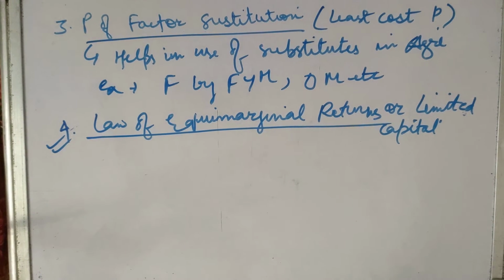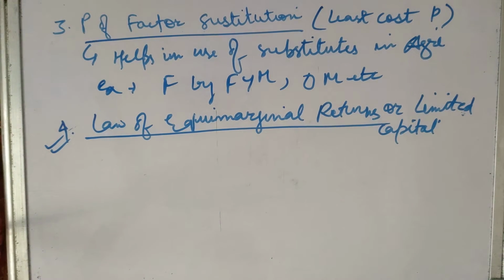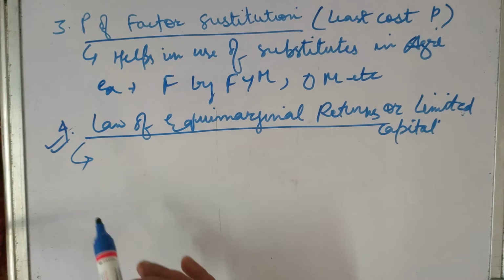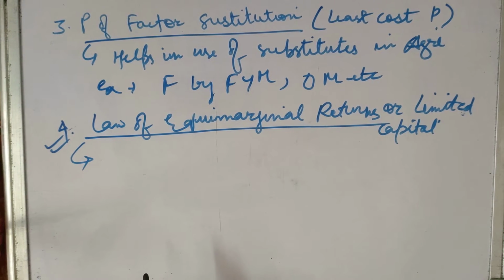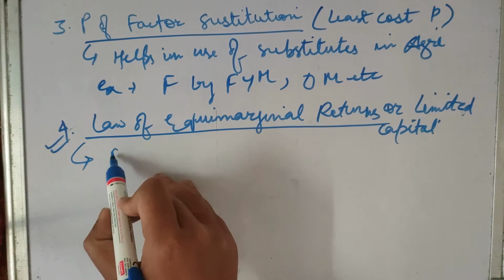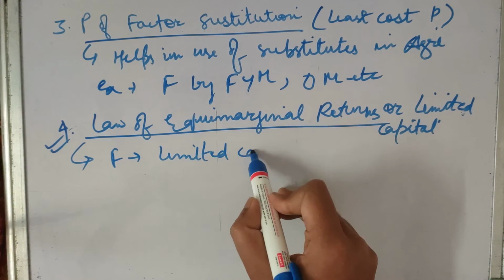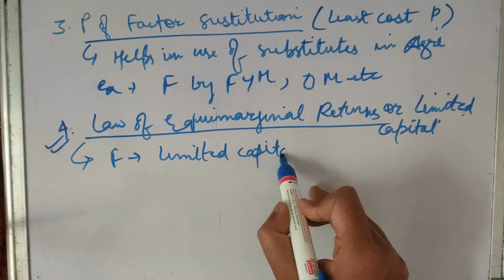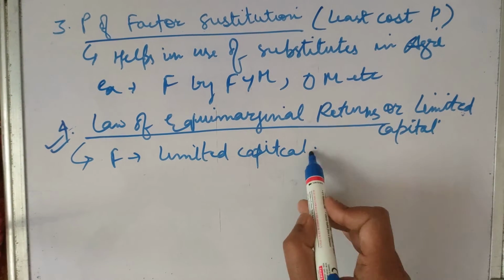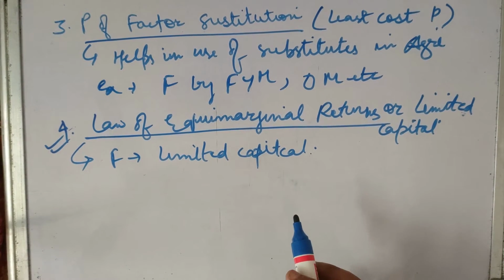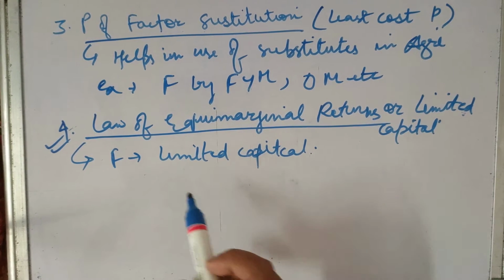You can say principle of equimarginal returns or principle of limited capital. We all know that farmers have limited capital at their disposal, such as limited land and limited resources, and he has to use this money among cultivation of crops and other enterprises that are technically feasible for him.